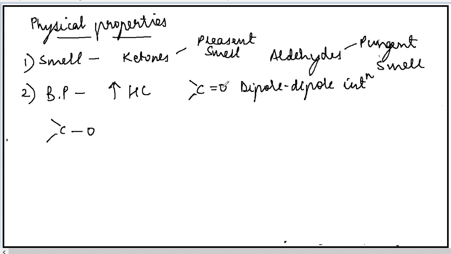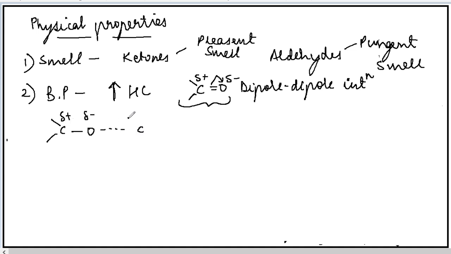As we know that oxygen is electronegative in nature, so oxygen will take the electrons from carbon. So oxygen will acquire a delta negative charge and carbon will acquire a delta positive charge, which will develop a dipole in this carbonyl group. So their boiling point is higher than that of the hydrocarbons. It's so because of the dipole-dipole interaction of one carbonyl group with the dipole of the other carbonyl group. So this is positive, this is negative.